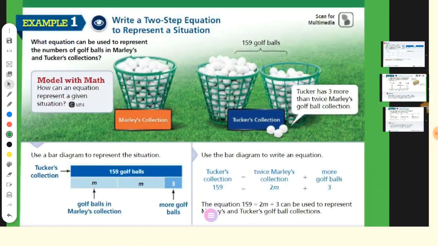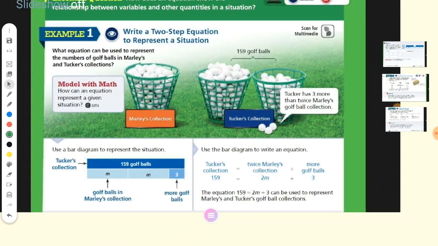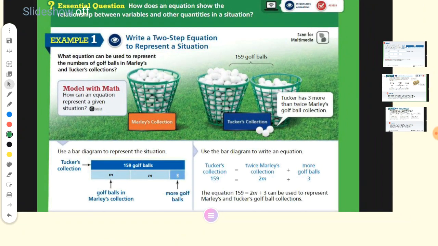The first example has an amount of baseballs. The first one is Marley's balls. I don't know actually how many balls, so I will call it an initial value M. We'll consider it M balls.